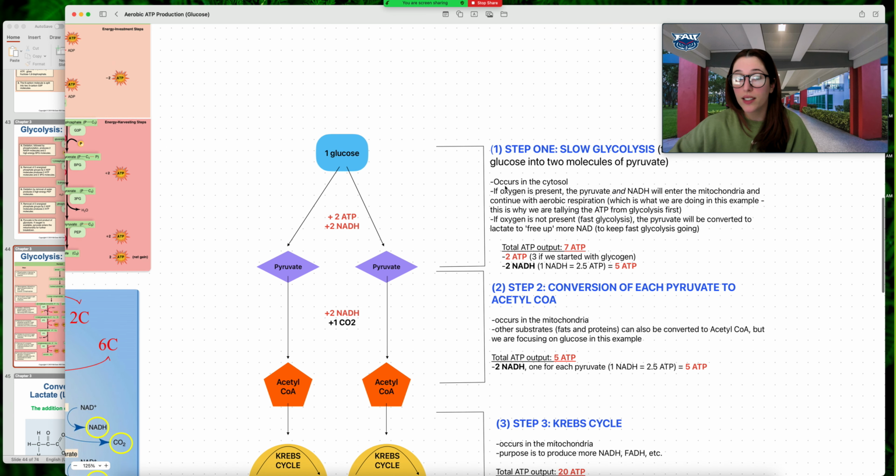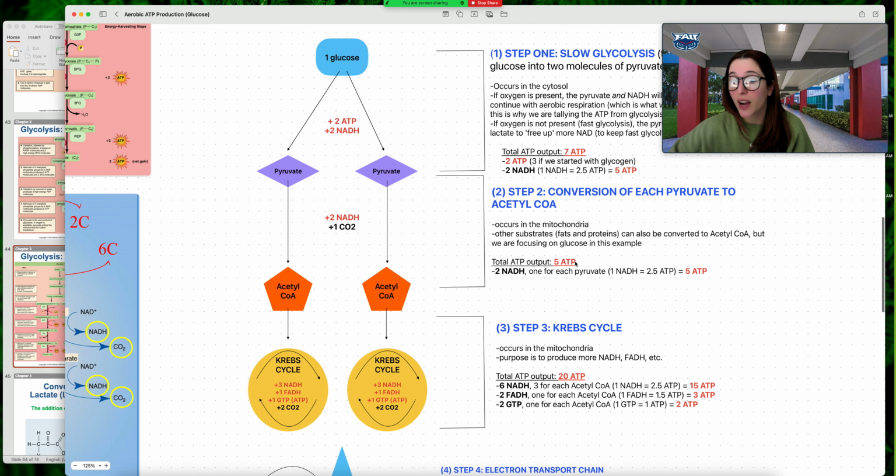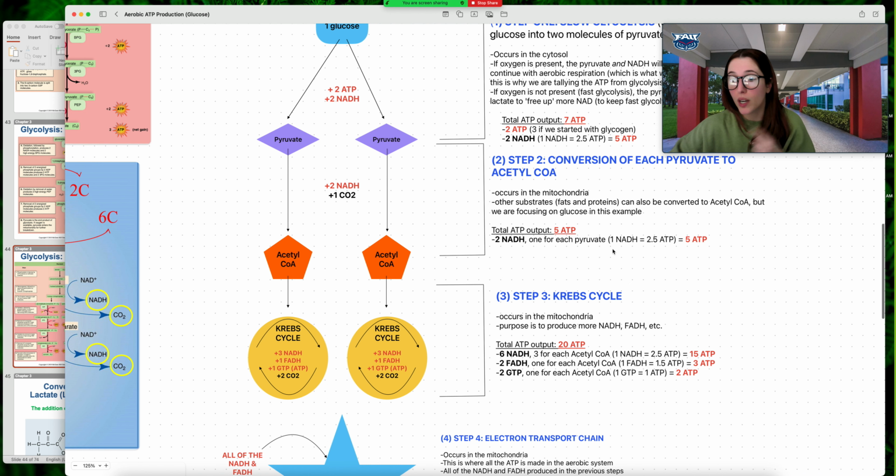So far in step 1, from 1 glucose, we made a total of 7 ATPs from these 2 things that we made here. In step 2, we produced 5 more ATPs now, right? Each conversion was 1 NADH, and 1 NADH is 2.5 ATPs.